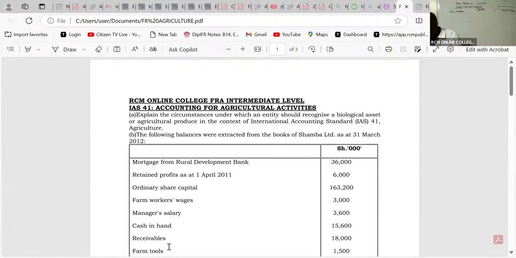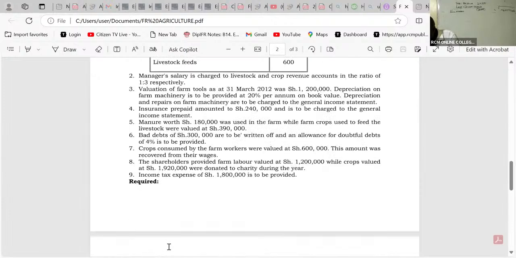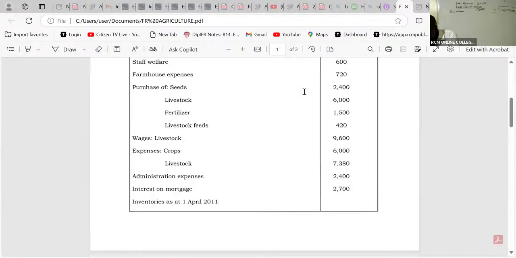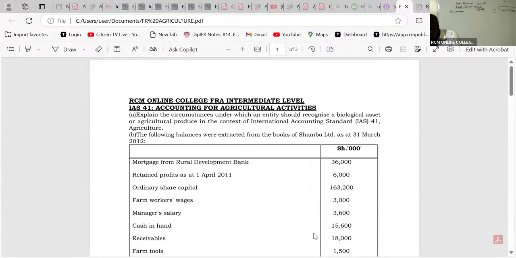So in this case, ladies and gentlemen, go to note number 3. What have they told us here? Valuation of farm tools as at 31st, 2012 was 1,200. And of course you can see in the trial balance, the farm tools are worth 1,500. We have done a fair valuation of 1,200.